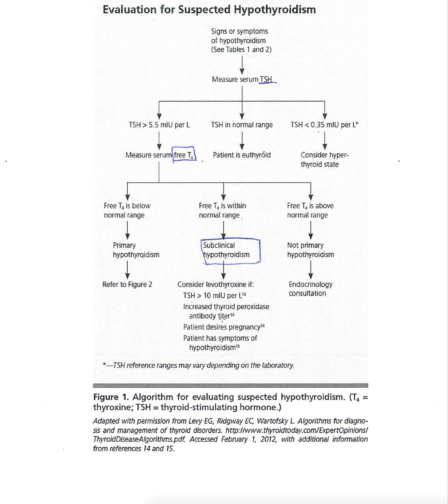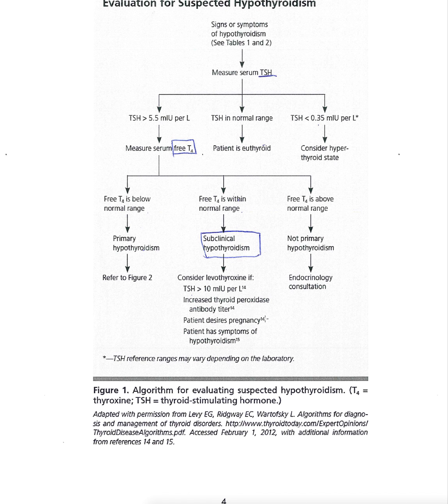So they are likely to progress into active clinical hypothyroidism. Another case is when the patient desires pregnancy, because during pregnancy a woman requires more thyroid hormones, so it is better to initiate therapy sooner than later. And also when the patient actually has symptoms.